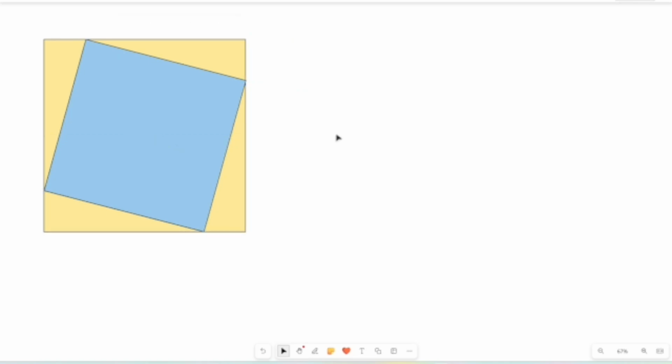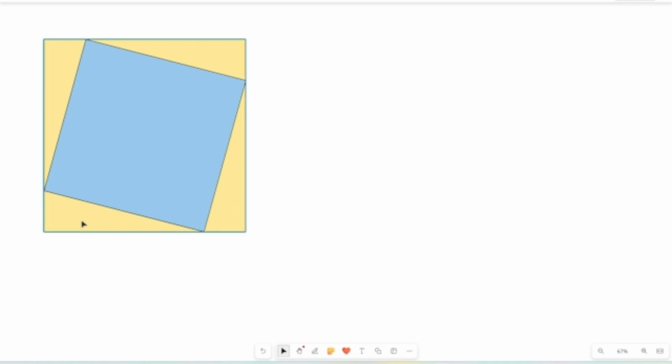So there we have our second square, and it's rotated so the corners are touching the sides of the yellow square. And this creates 4 yellow triangles now.